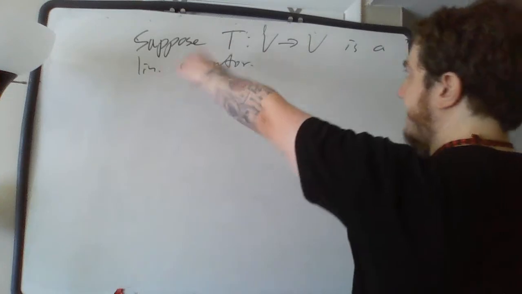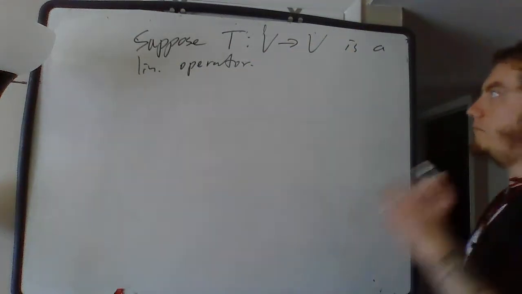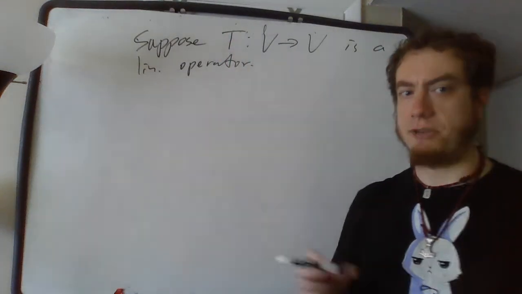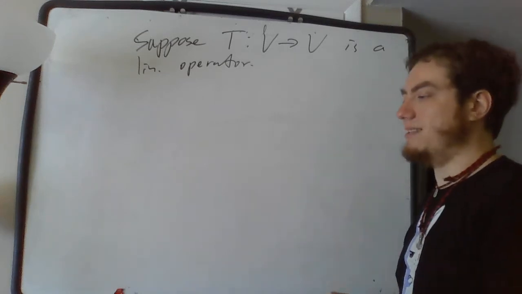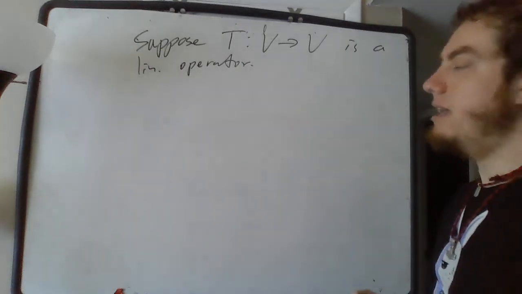So you can think of this as a matrix acting on a vector space if you want to. It's best, of course, if eventually you can think, without necessarily talking about the matrix immediately, of this as a linear operator. But if you want a concrete example in mind, think of a matrix and R^n or something like that.